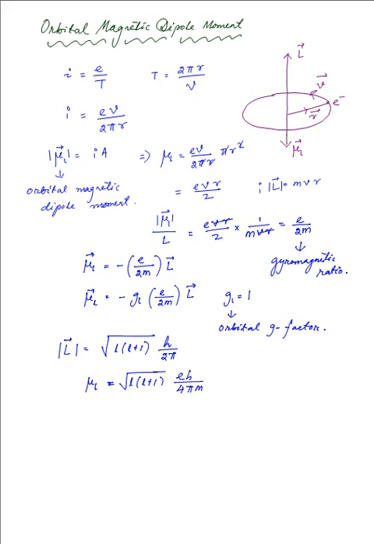Now this factor, e h over 4 pi m, is a constant unit, and it is a natural unit for the measurement of atomic magnetic dipole moments, and this is what we call the Bohr magneton, usually denoted with mu B.